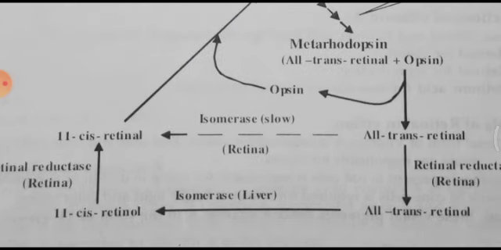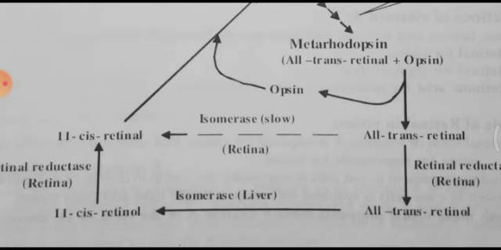The same reaction of all-trans retinal, which you are seeing on the right side after the cleavage, is converted to 11-cis retinal directly by a slow process in the retina, whereas in the liver it is first converted to all-trans retinol, then to 11-cis retinol, and then to 11-cis retinal.